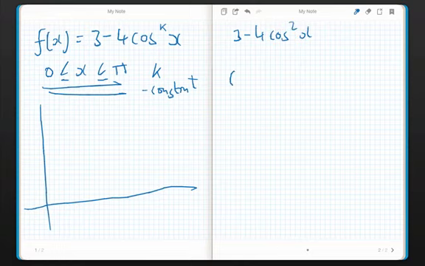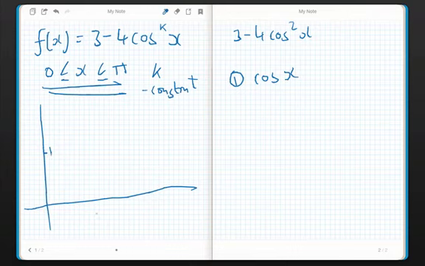So first, let's take this step by step. Let's first graph cos x. Now cos x looks something like this. We have 1 over here, and we have pi by 2 and pi.